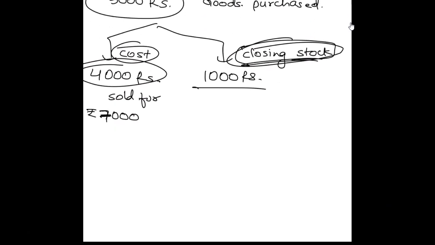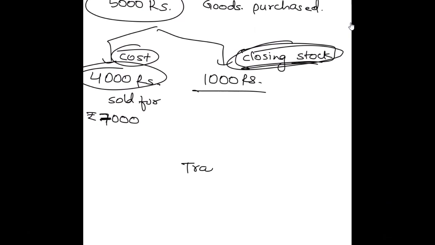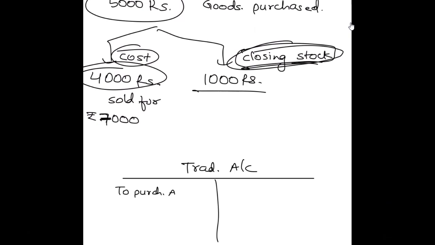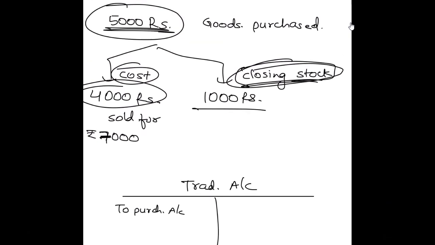Let's see. On my trading account, everybody here remembers that I write all the expenses here. To purchase account, how much is the purchase? It is 5,000. How much is the sale for? So sale is of 7,000.